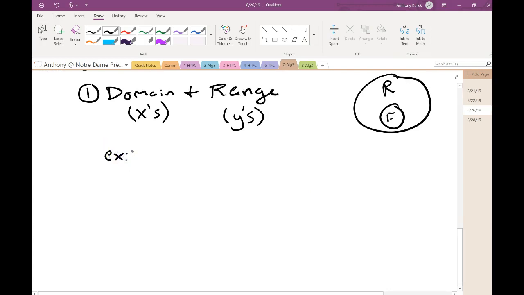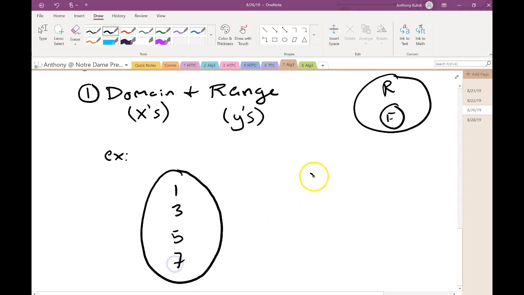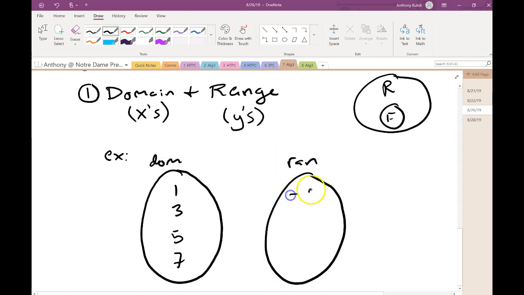So let's look at a couple of examples here, and we'll talk about how we go about determining these domains and ranges. Let's say we have a mapping diagram, and we have our domain here and our range over here.